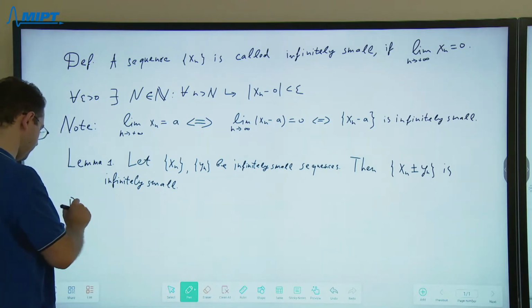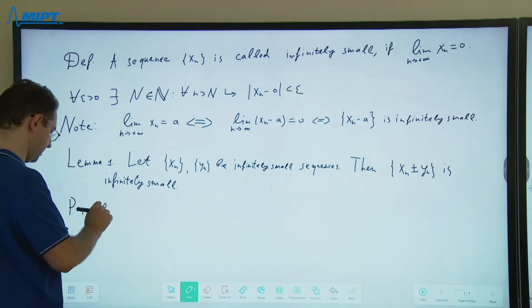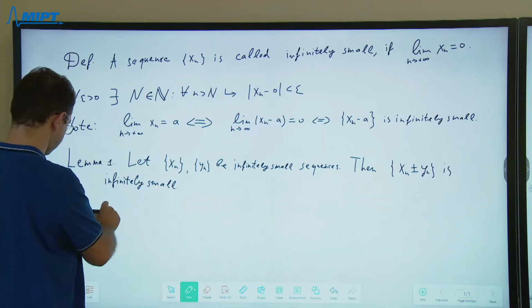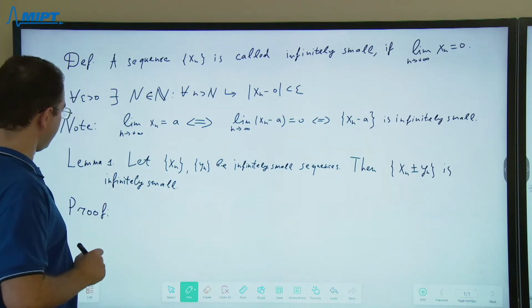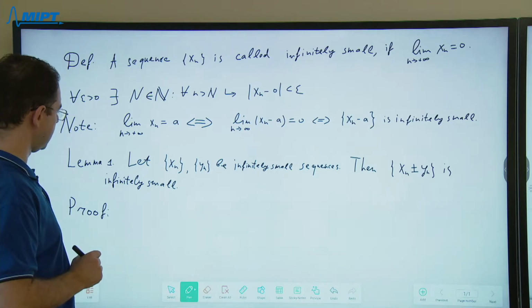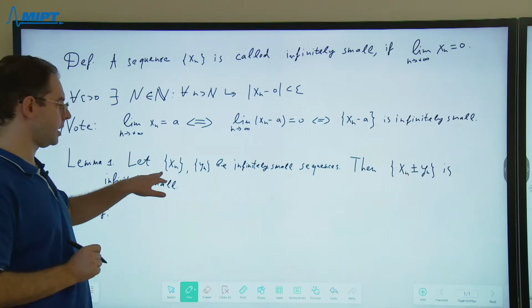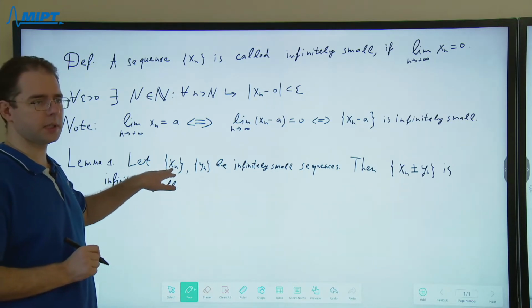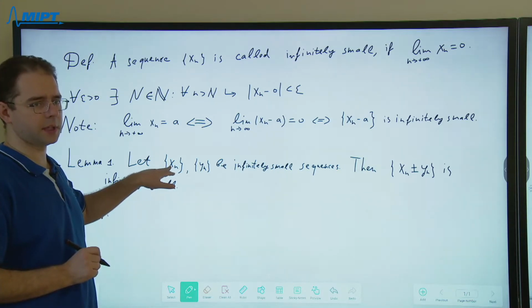Proof. So let's write down the definition of sequence xn being infinitely small.